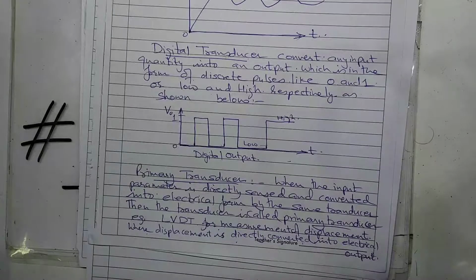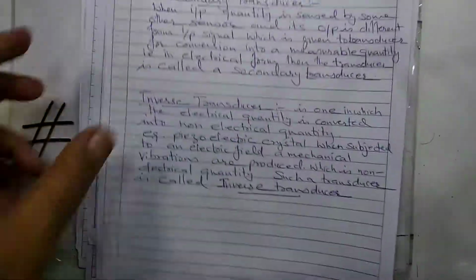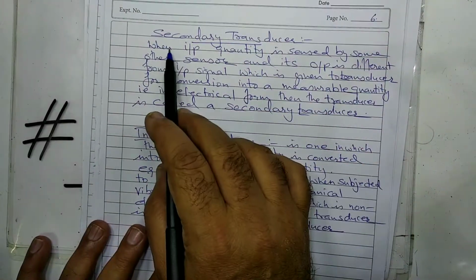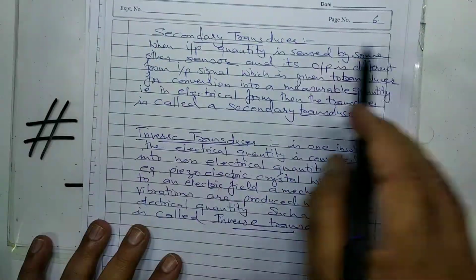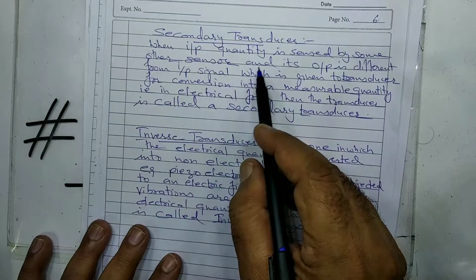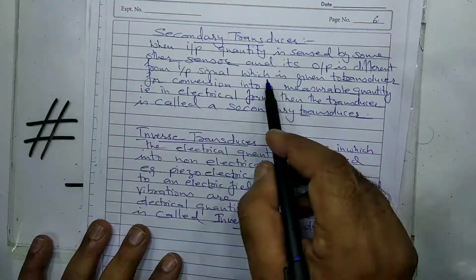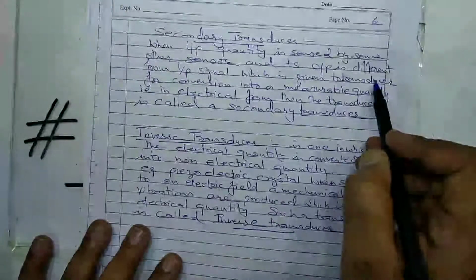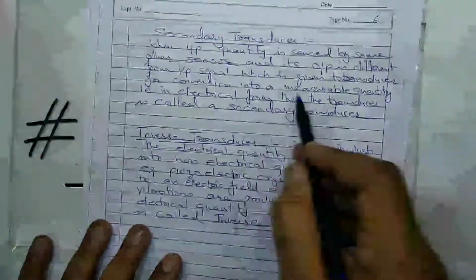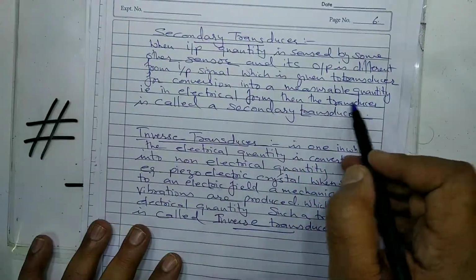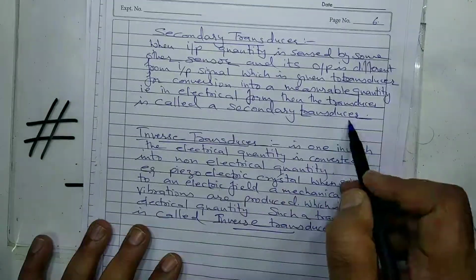Now we see the secondary transducer. Secondary transducer, when the input quantity is sensed by some other sensor or transducer and its output is different from input signal, which is given to the transducer for conversion into a measurable quantity, that is in electrical form, then the transducer is called a secondary transducer.